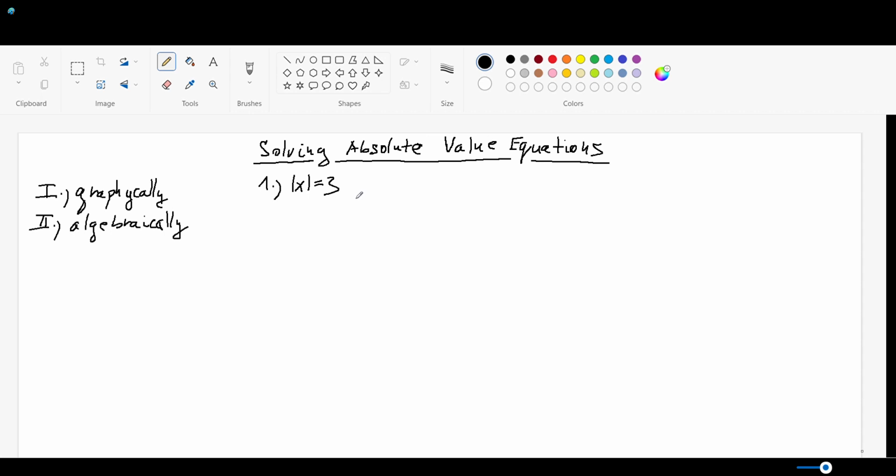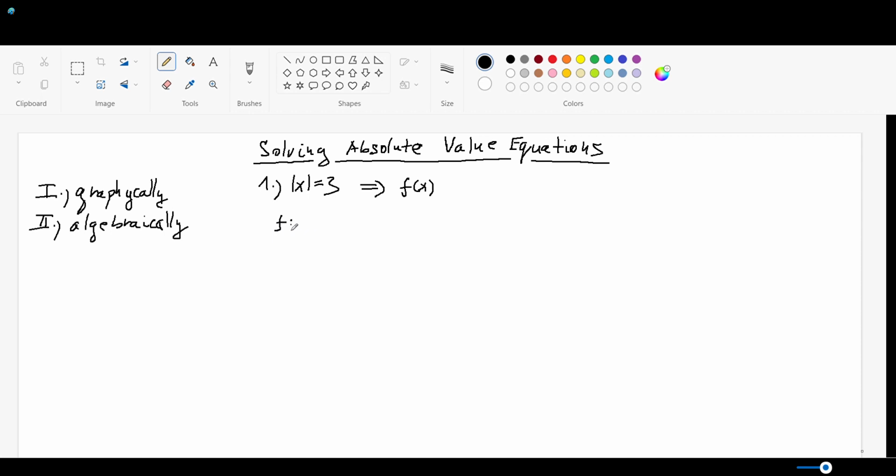As we want to solve the equation graphically first, we have to understand what is behind this equation. When you are solving any equation, the expression on the left side of the equation technically represents a function.